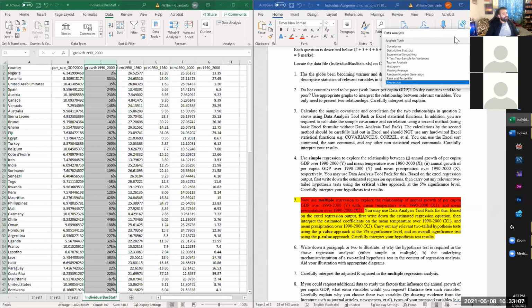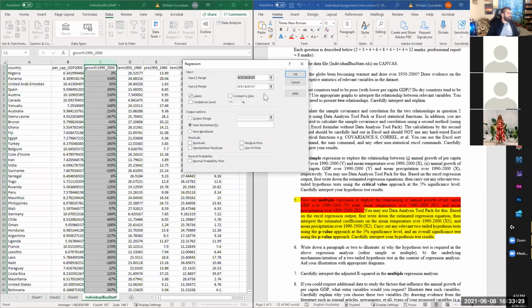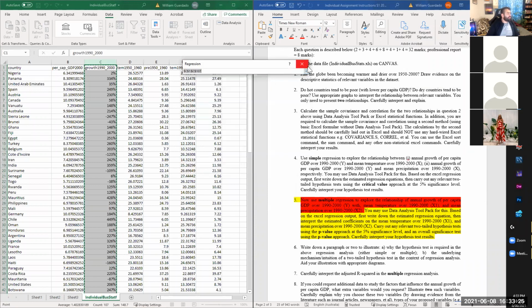So you just go to your data analysis toolbar. Does anybody not know how to get to the data analysis toolbar? Right. So I already highlighted that column. That's the growth, as you can see here, between 1990 and 2000.